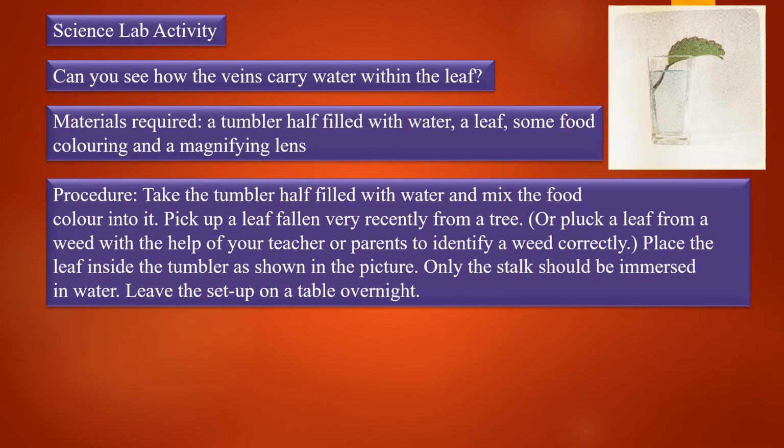Then the procedure: take the tumbler half filled with water and mix the food color into it. Pick up a leaf fallen very recently from a tree, so it should be a green one. Or pluck a leaf from a weed with the help of your teacher or parents to identify a weed correctly.